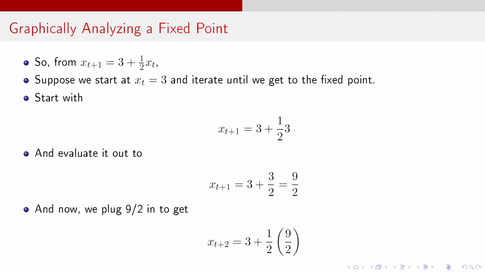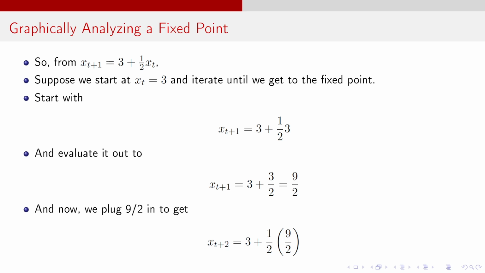So I'm going to solve this out again, iterate it a bunch of times. x_{t+1} = 3 + 1/2 x_t. Suppose we start at x_t = 3 and we iterate until we get to that fixed point. Well, we would start with x_{t+1} = 3 + 1/2 times 3.